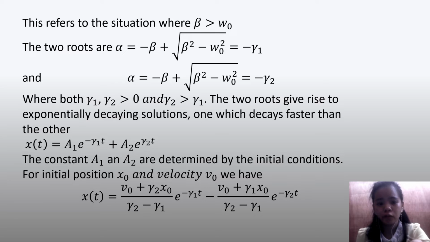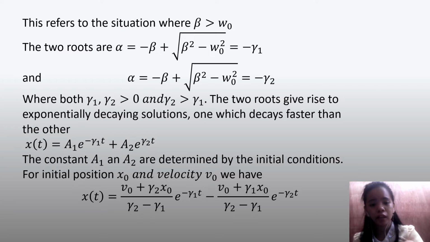So the two roots are a equal to negative β plus the square root of β² minus ω0², equal to negative λ1, and a equal to negative β minus the square root of β² minus ω0², equal to negative λ2, where both λ are greater than 0 and λ2 is greater than λ1.